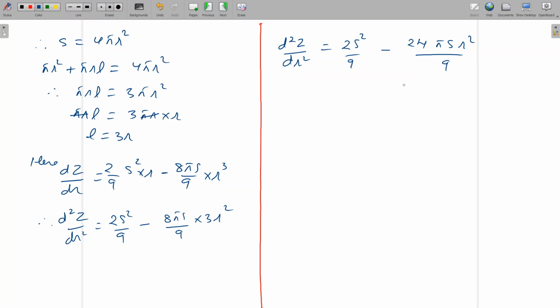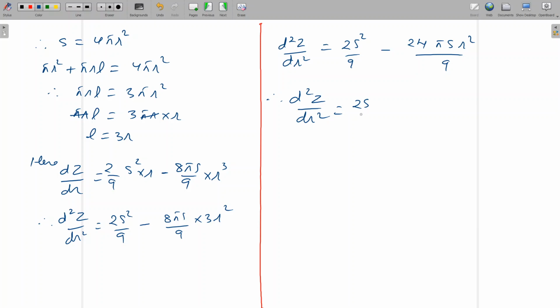So first of all we will be putting the value of s in this. So d square z by dr square equal to, now let us take out the common factor from both the terms first. So here we can see that 2s by 9 will be common in both, so we will take that out.